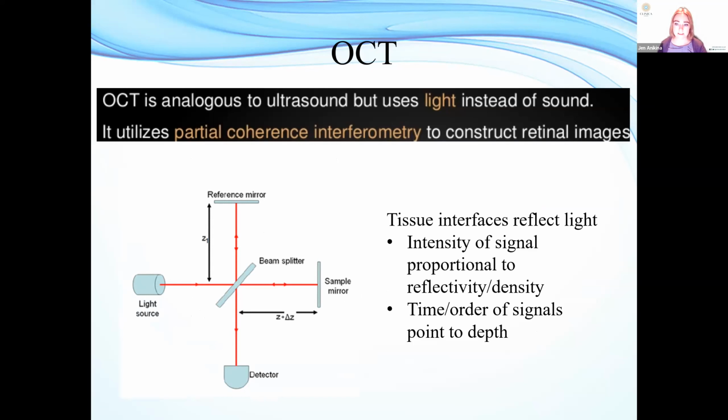The whole point is that tissue interfaces, where the cornea interfaces with the anterior chamber fluid, where the anterior chamber interfaces with the lens, where the lens interfaces with the retina, and all the retinal layers, all have different reflectivity of light. So the intensity of the signal becomes proportional to the reflectivity. If something looks bright, it means a lot of light bounces off that layer, that interface. And the time or order of signals as they come back point to the depth. That's how we get our picture in OCT.